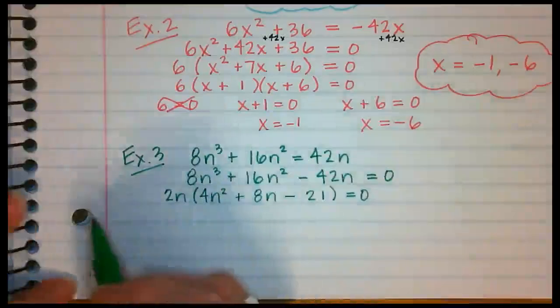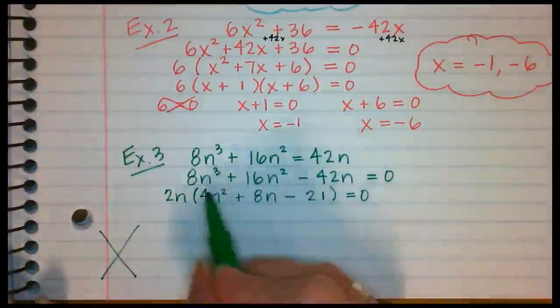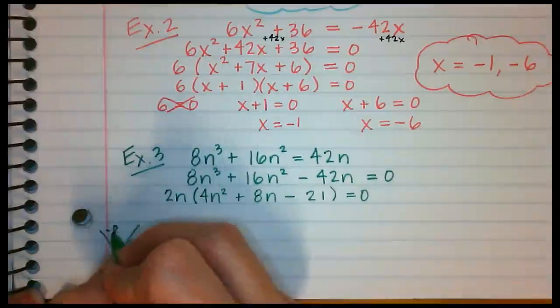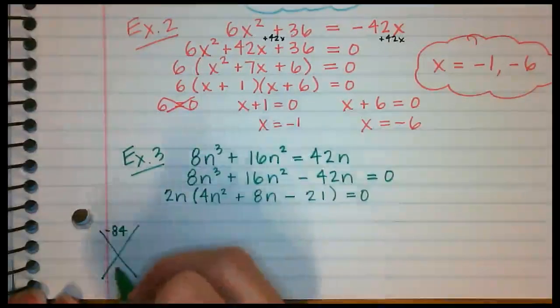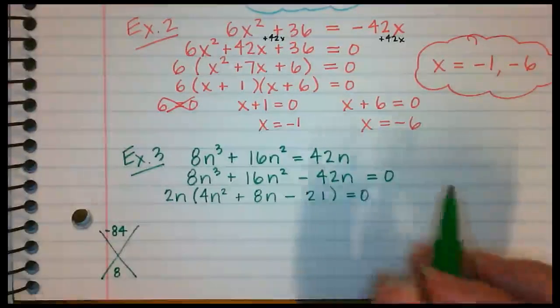And so I'm just going to go over here and do my x. So I'm looking for negative 84 and 8. So I need to think of two numbers that would multiply to be negative 84 but add up to 8.